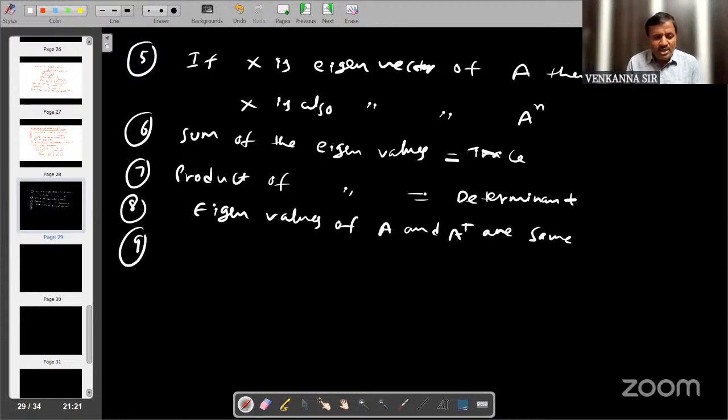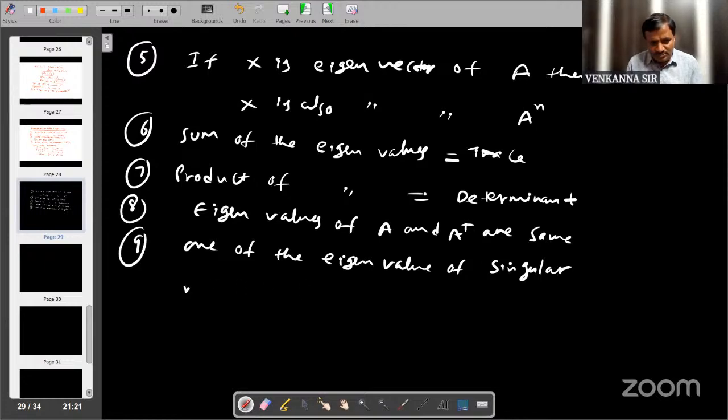Ninth property: one of the eigenvalues of a singular matrix is 0.